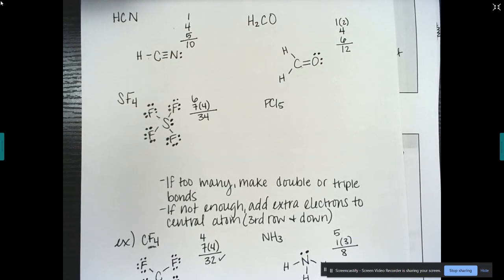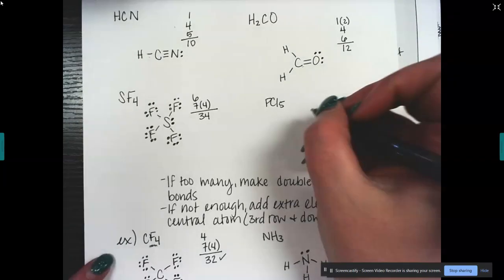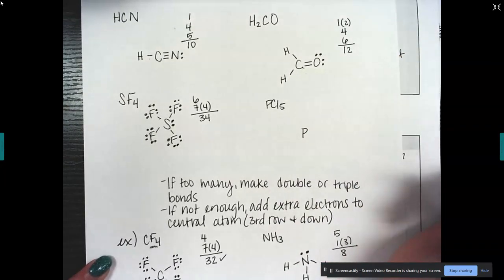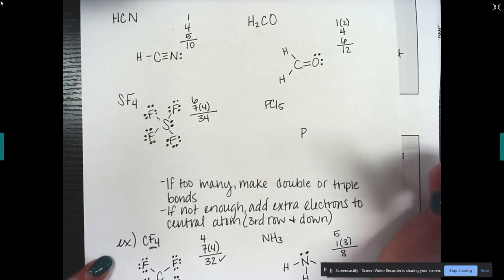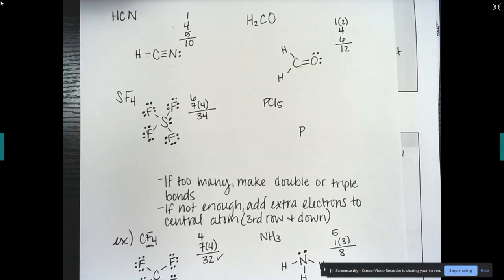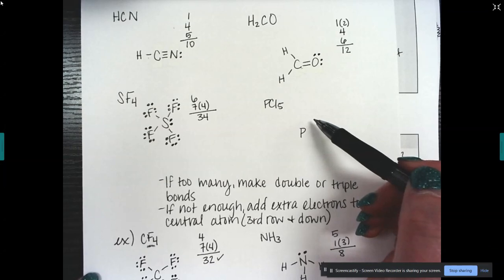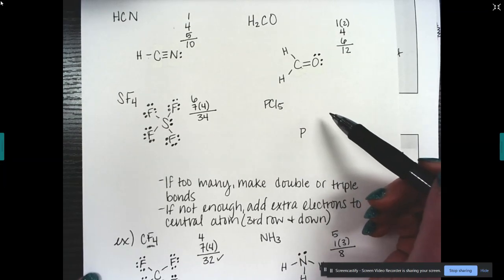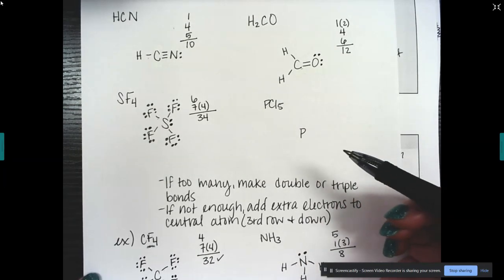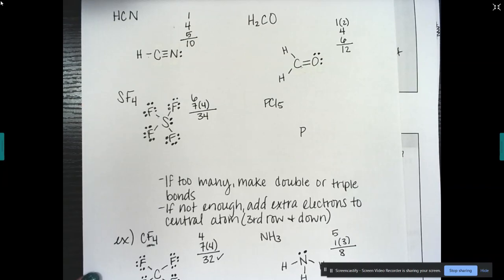All right, so PCl5 would have phosphorus in the middle. And because phosphorus is third row or lower, it wouldn't make sense really to have 4 chlorines and then another chlorine bonded to one of the chlorines, because chlorine can only form one bond. Oh, sorry, I didn't mean to say it only has one valence electron.